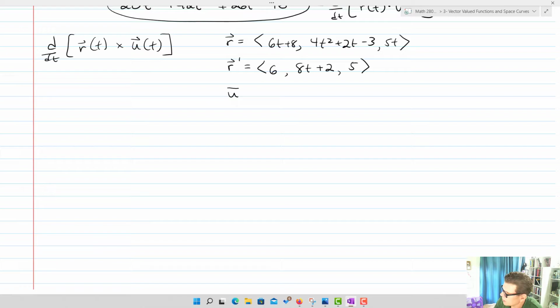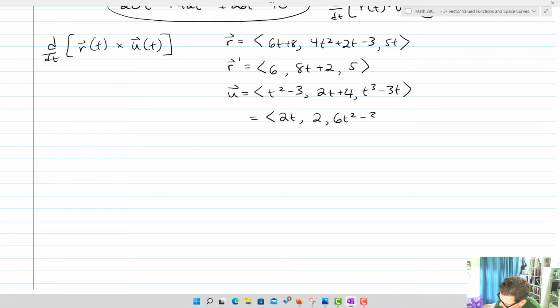Then we have u. U was equal to <t squared minus 3, 2t plus 4, t cubed minus 3t>, and that's going to then be equal to <2t, 2, 3t squared minus 3>. And that's u'.